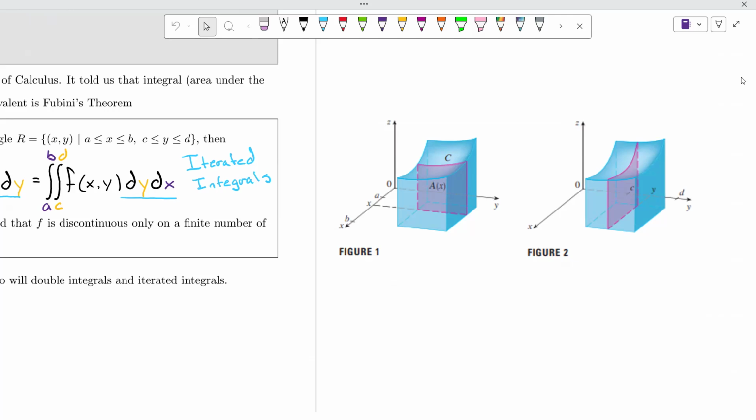Because again, I want to keep in mind that these double integrals should result in a kind of volume. Or at least that's our best geometric interpretation of a double integral.